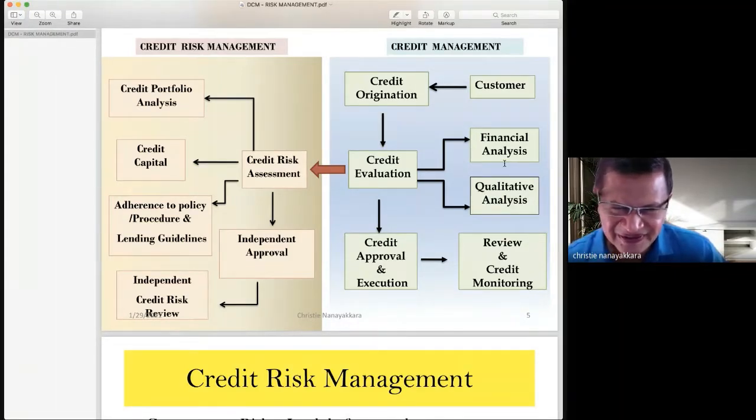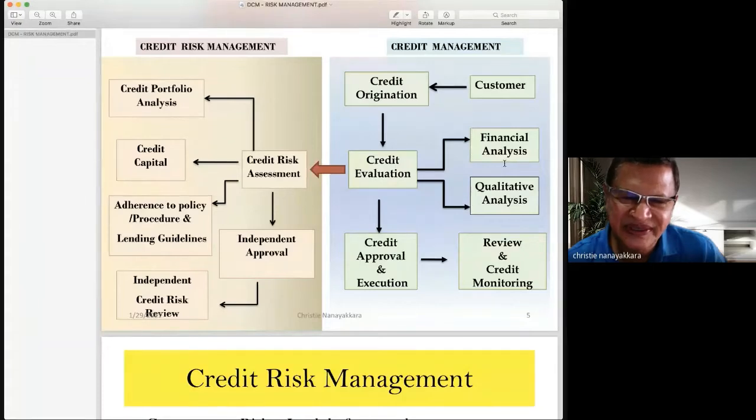What are the types of qualitative analysis? We also learned a little bit about the internal rating system. Once those have been approved, you do a credit appraisal form, get the concurrence of credit risk management, and then approve and disburse the funds.